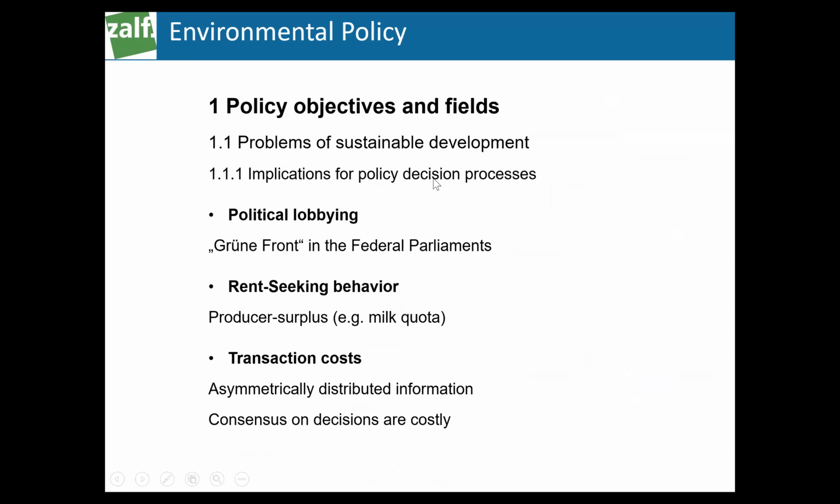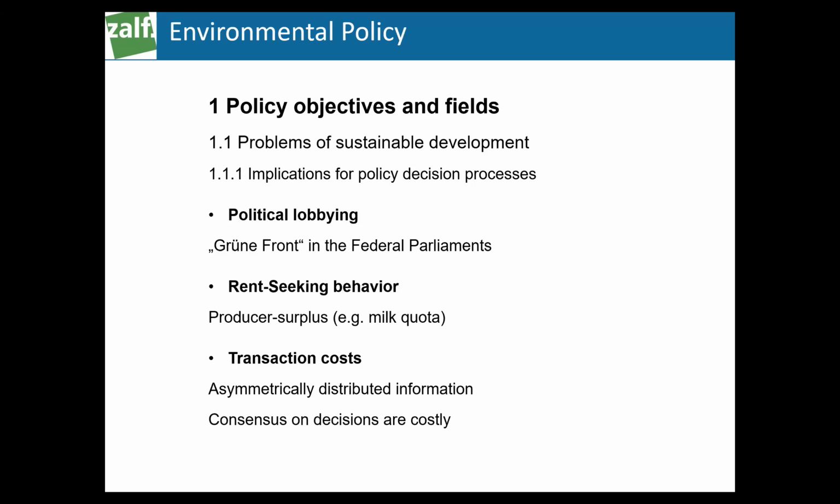Because there are many groups involved, we had then also this green front in the parliament. They're really supporting to have a higher level of subsidies and a rent-seeking behavior. Why is it so difficult to change anything in the policy? Because people try to seek their rent, like in the milk quota, and not to give up this right because it's an income source.